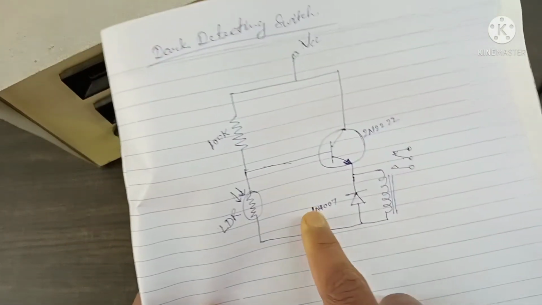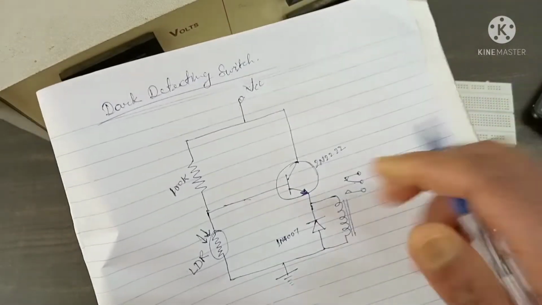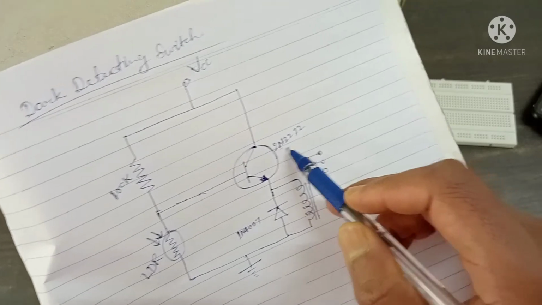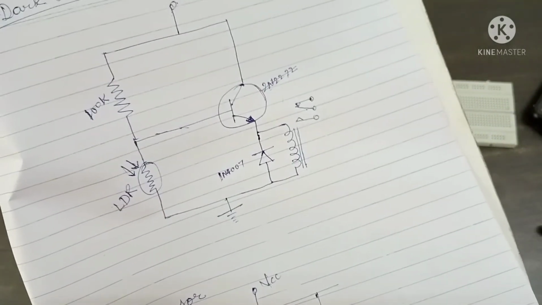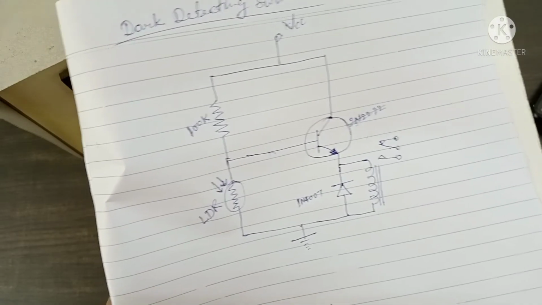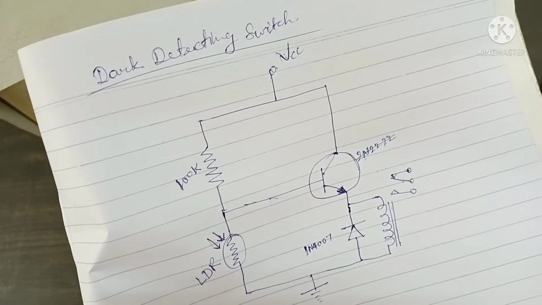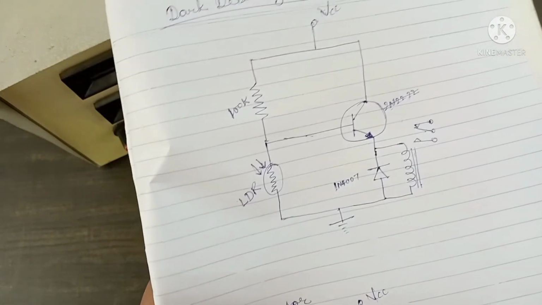Here we should not use this 2N22 since it is not a power transistor. Power transistors are transistors which can handle a large amount of current.